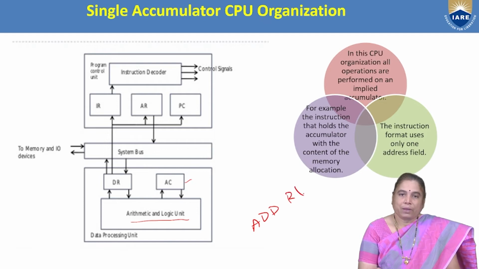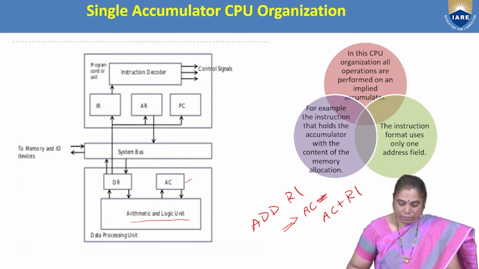The value stored in the register R1 is summed with the accumulator value, that is, accumulator equals accumulator plus R1, and the result is again stored in the accumulator. So the accumulator can be used as one address field to store one operand.